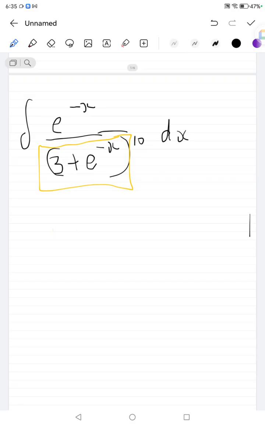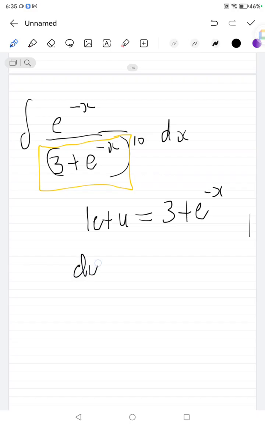Then what do we have? We're going to say let u be equal to our 3 plus our e to the exponent minus x.